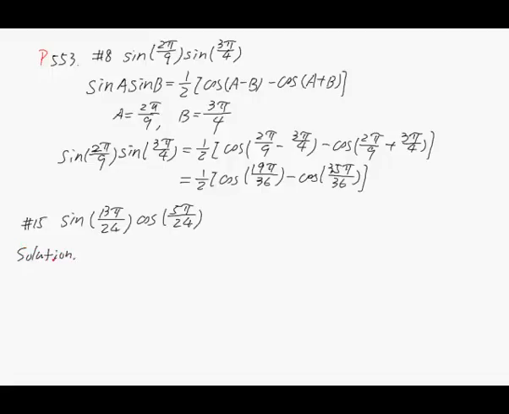So first, let's write out the product to sum identity we need to use here. We have sine A times cosine B equal to 1/2 times sine of A plus B plus sine of A minus B.